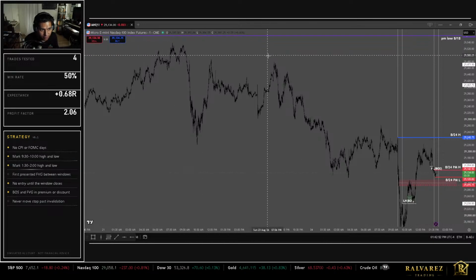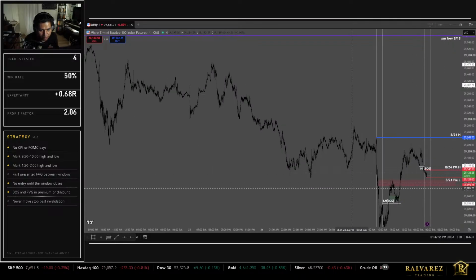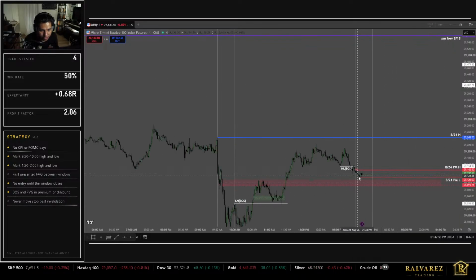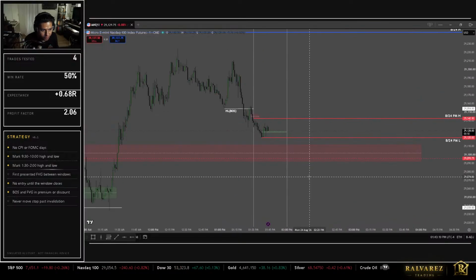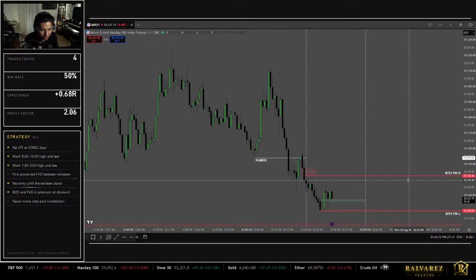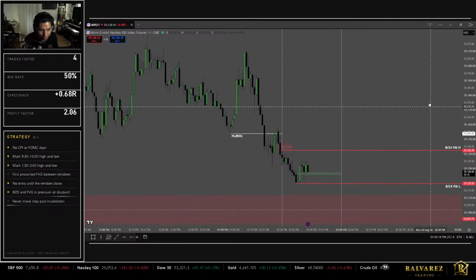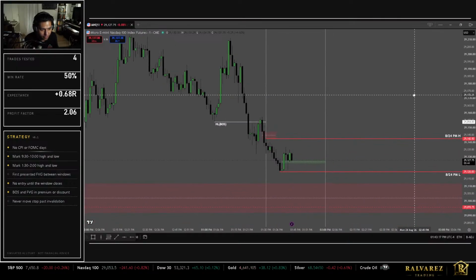All right, so we have a lot of downward movements. So maybe what price could do is trade above up here, right? Could even come up to these highs right here, the AM high. Then coming back down lower, but let's just keep on looking at what price is doing. That's what's really important right now.